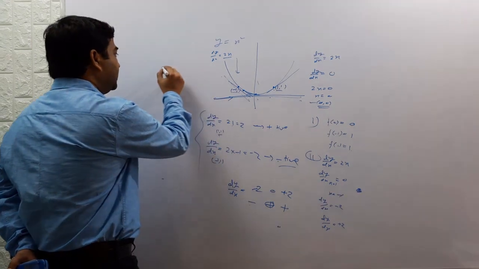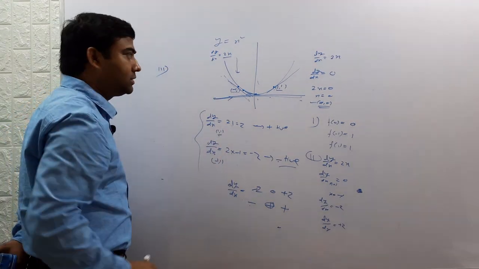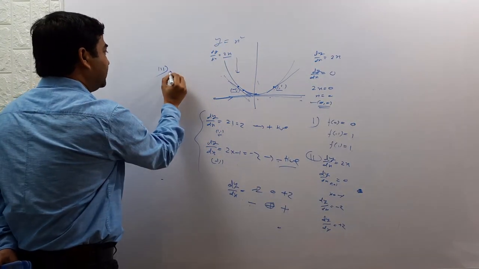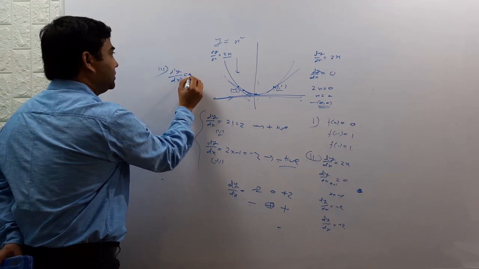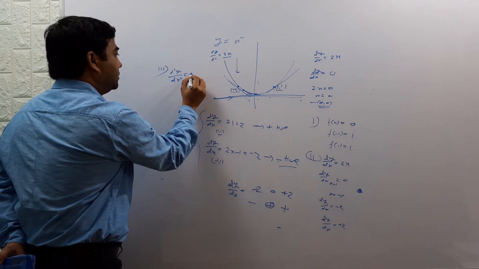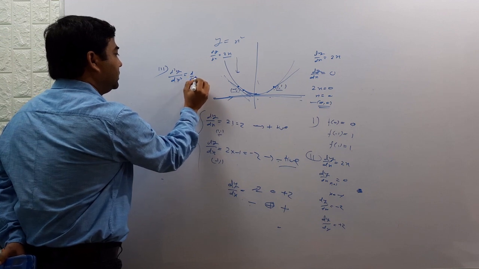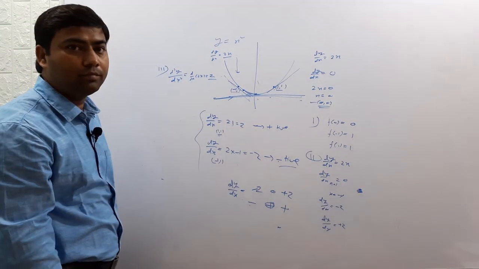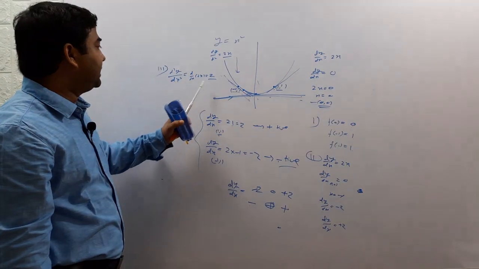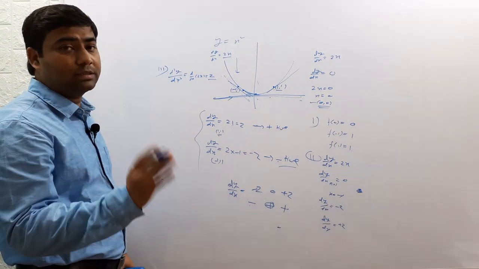And the third method is the second derivative test. Find the second derivative. d2y over dx square is equal to d/dx of 2x, which is equal to 2. The second derivative is positive, which we have discussed.